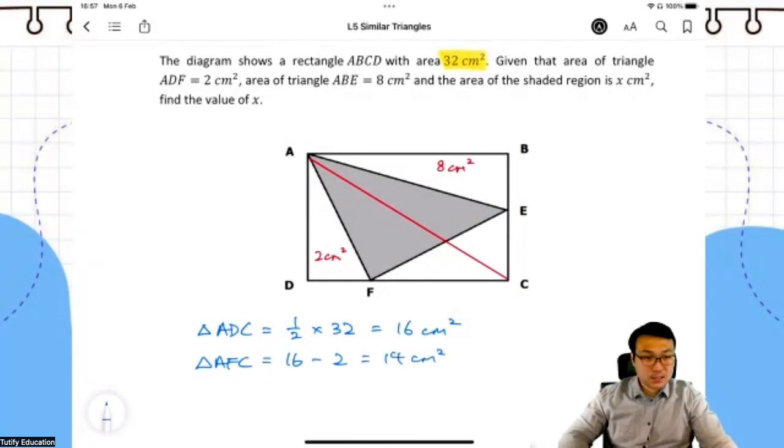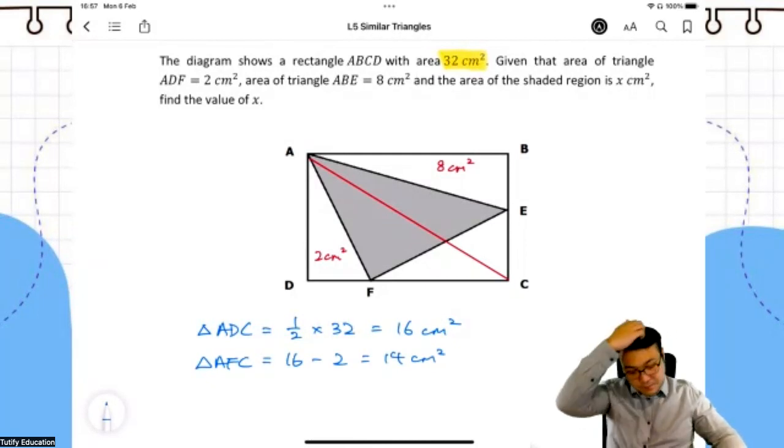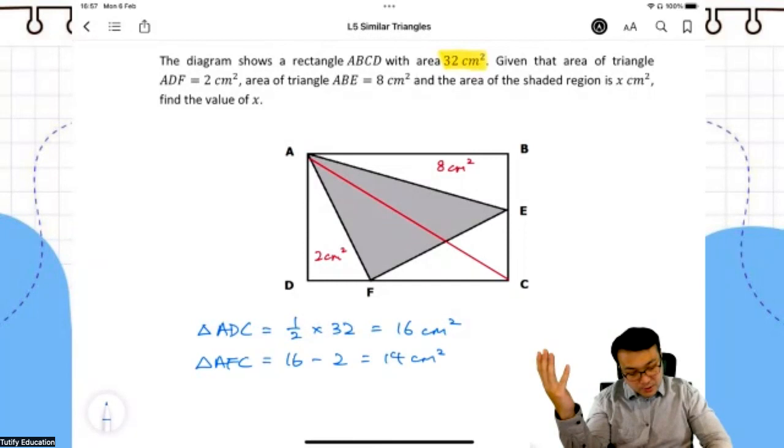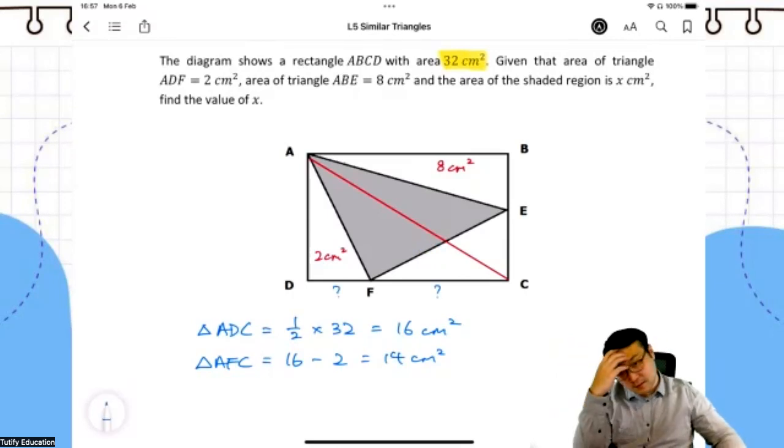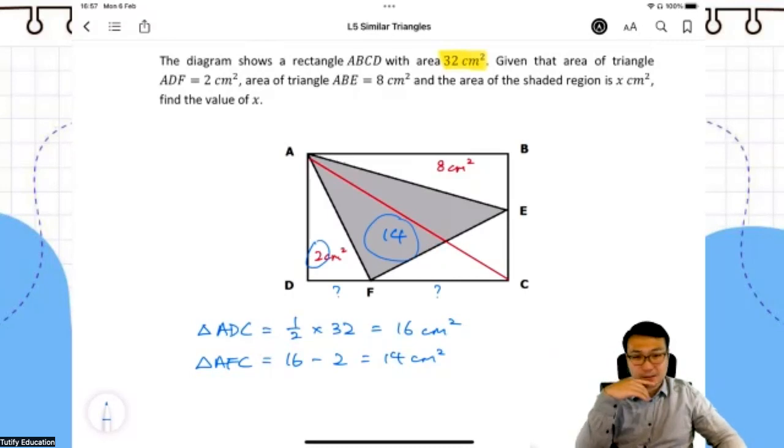So let me ask Talia, I already know that the triangle AFC is 14, right? One is 2 cm, one is 14. So what's the ratio of their base? Can you tell me?